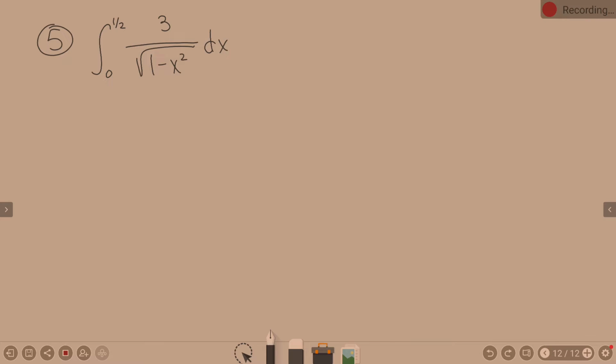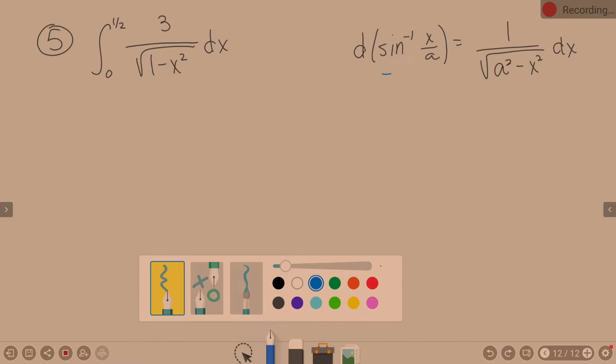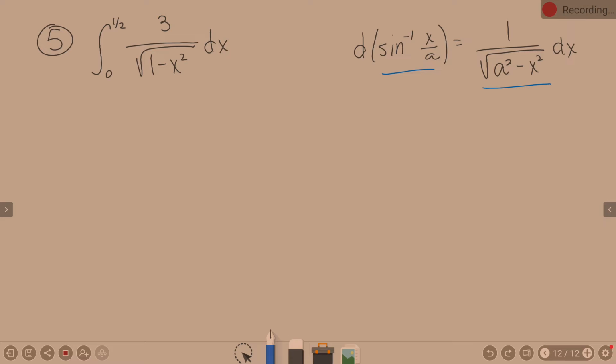And so back in 64, we learned that the derivative of sine inverse of x over a is 1 over the square root of a squared minus x squared. So that's what you've got to know right there. You just got to be familiar is what it comes down to.